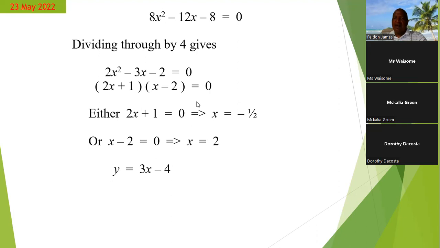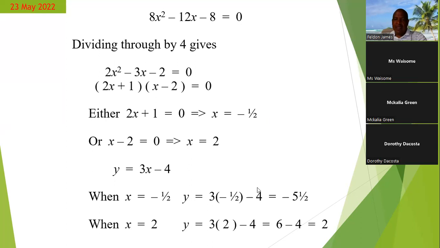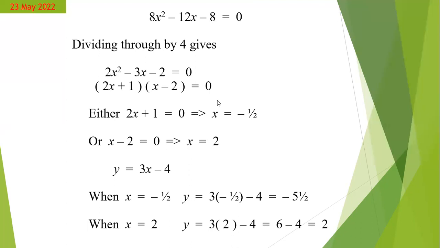So for each value of x that you solve for, you're going to substitute them one at a time. So you're going to substitute x equal to minus a half first and solve. And then you substitute x is equal to 2 and solve. And then you get that.